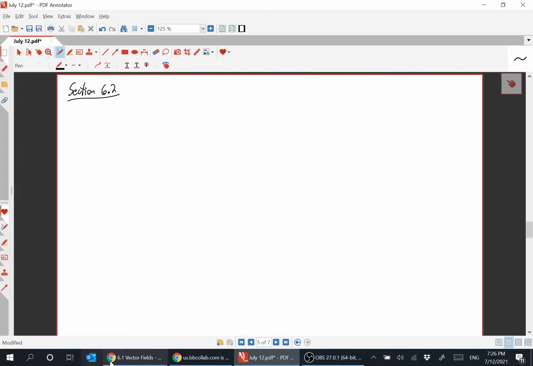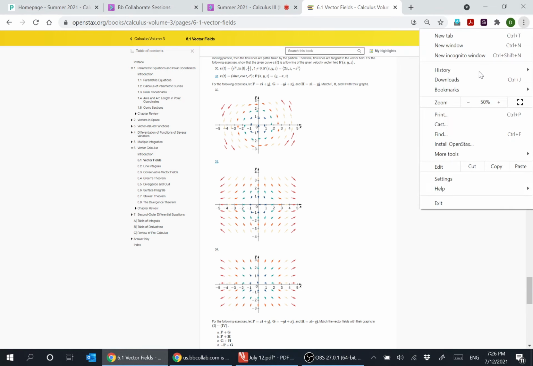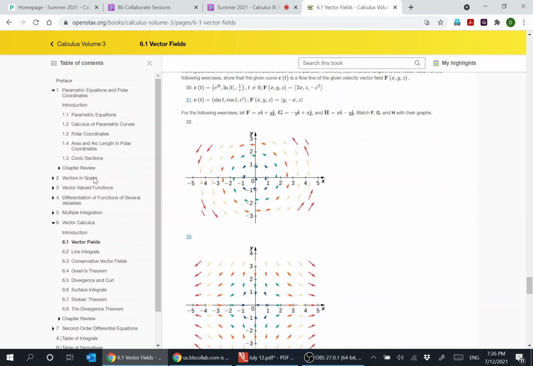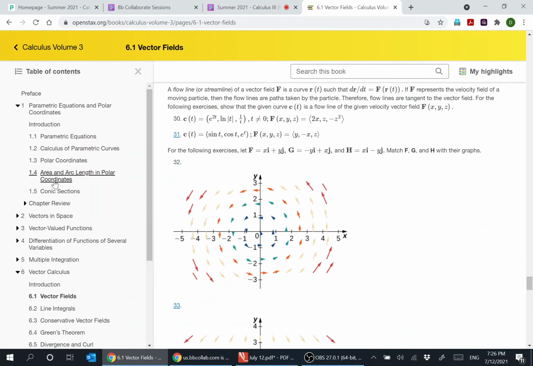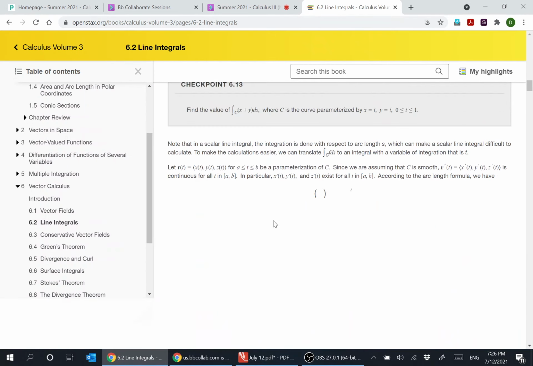Calculating them, of course, they're calculated in different ways. And they measure different things. 6.2.